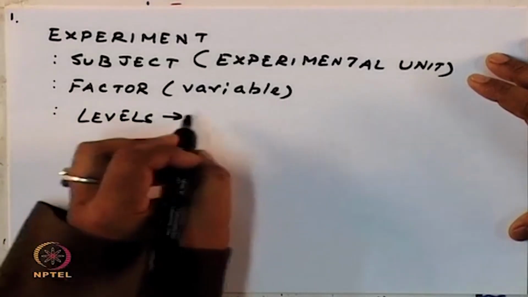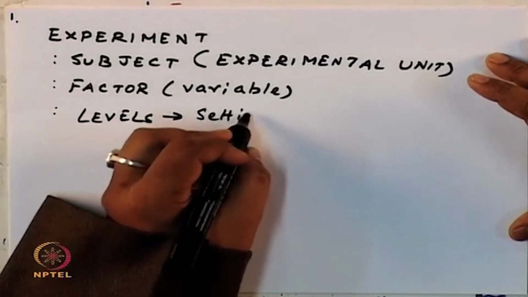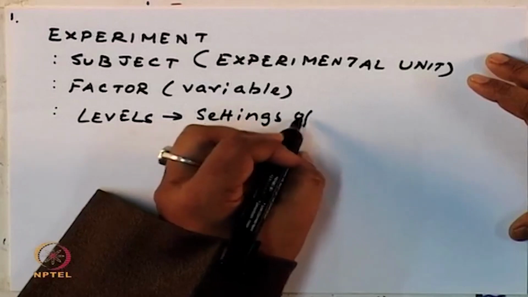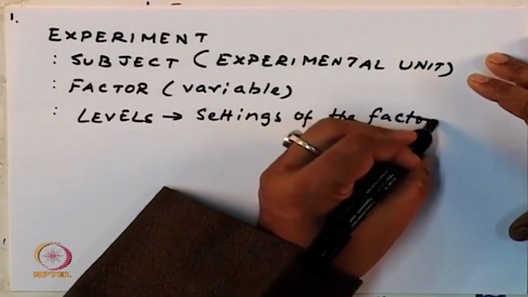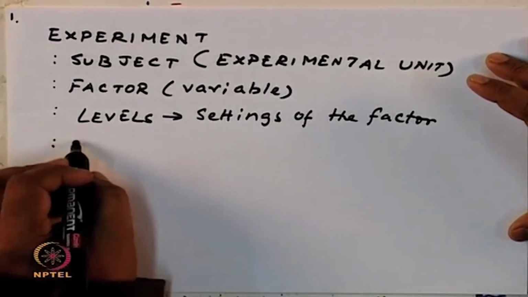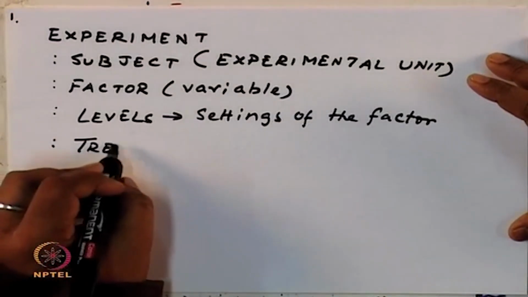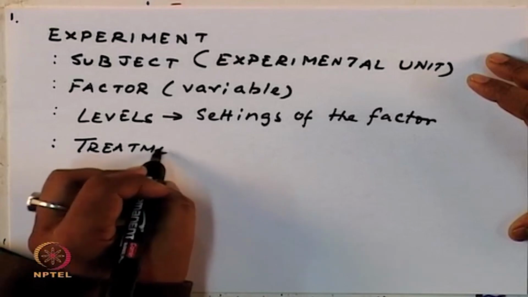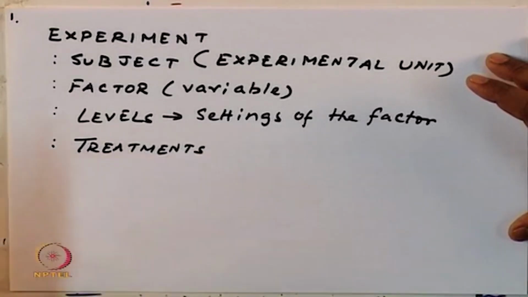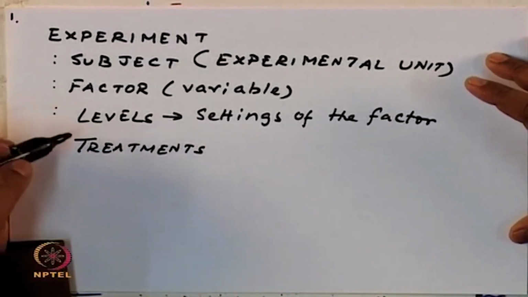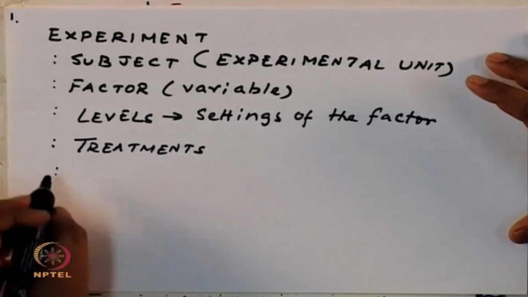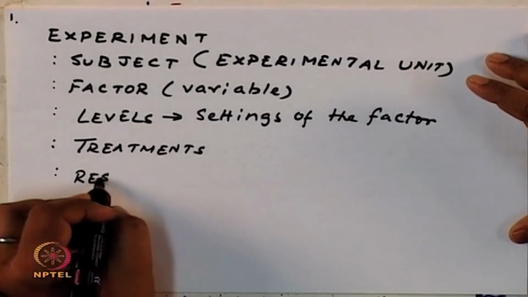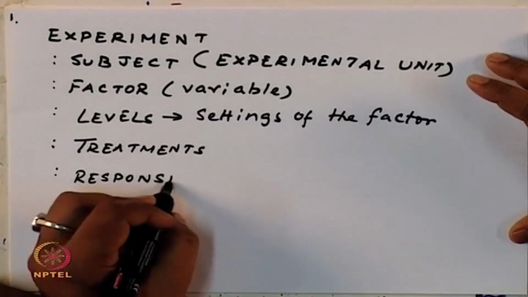Levels refer to settings of the factor. Okay. You can have another thing called treatments. If there are more than one factor, then you might have more than one treatment, okay, and your final response, okay, which is what you measure.